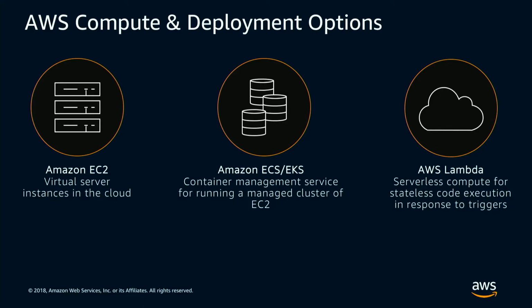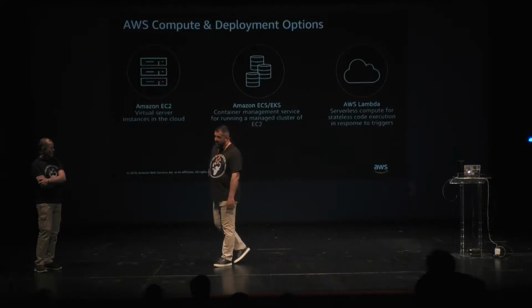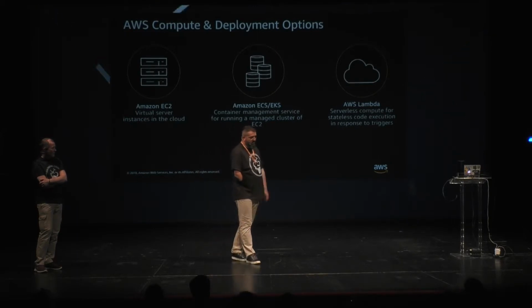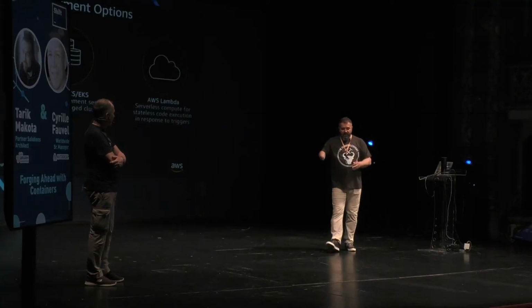There's a physical box, a hypervisor sits on it, and there are a number of virtual machines that sit on top of it. Those machines are called EC2. There's currently a family of over 10 of them. You can go from the small instances that you don't pay for, called T2 nanos, all the way to Bitcoin mining with the P3 instances with CUDA and NVIDIA. So you can go from the low end to the high end of compute.